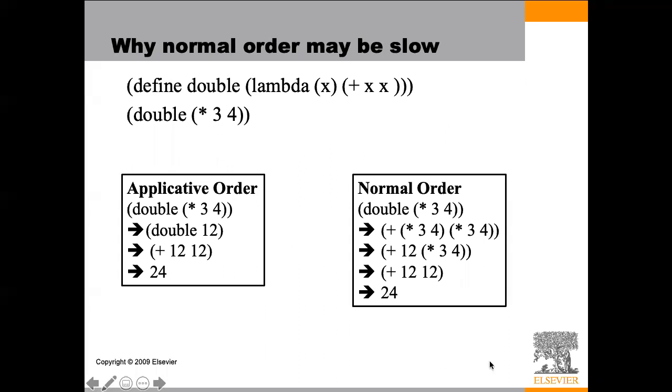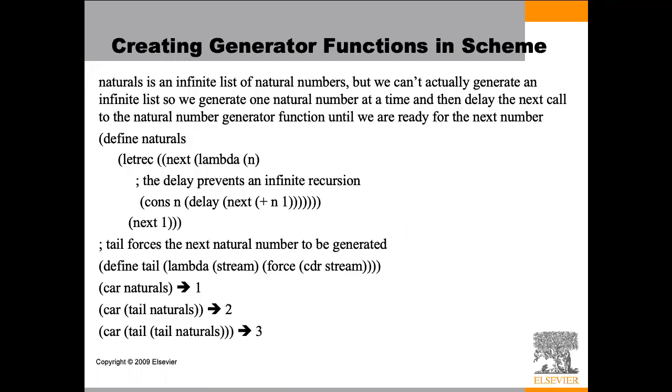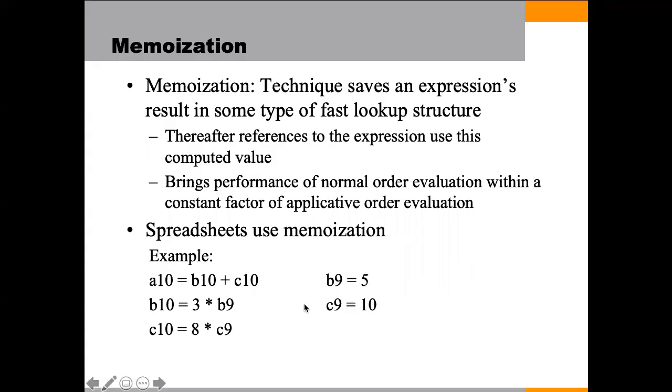It would look it up and see, oh, it's already evaluated to 12. It will still be a bit slower using memoization because you have to do a lookup, but it at least brings it to within a constant factor. So Fibonacci numbers are no longer exponential, but would be order n.